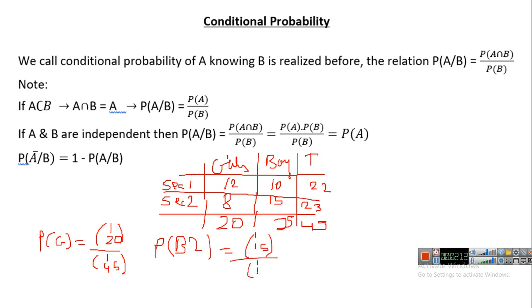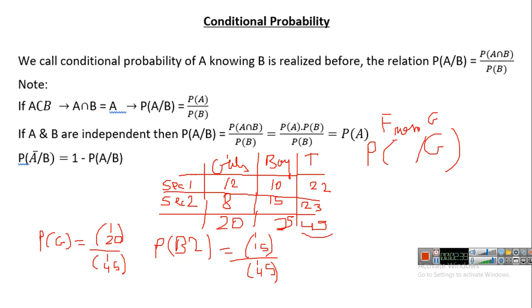But if I put a condition, for example, I say from the set of girls, knowing from girls, what is the probability of picking a student from secondary 2? When I say from the set of girls, I know I'm going to go to girls. So now the universe is not this 45, it is not the total of everything.